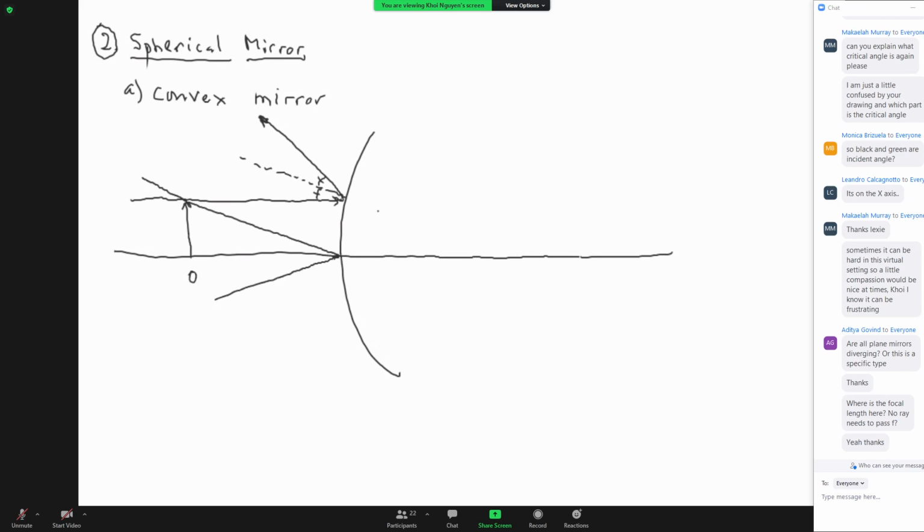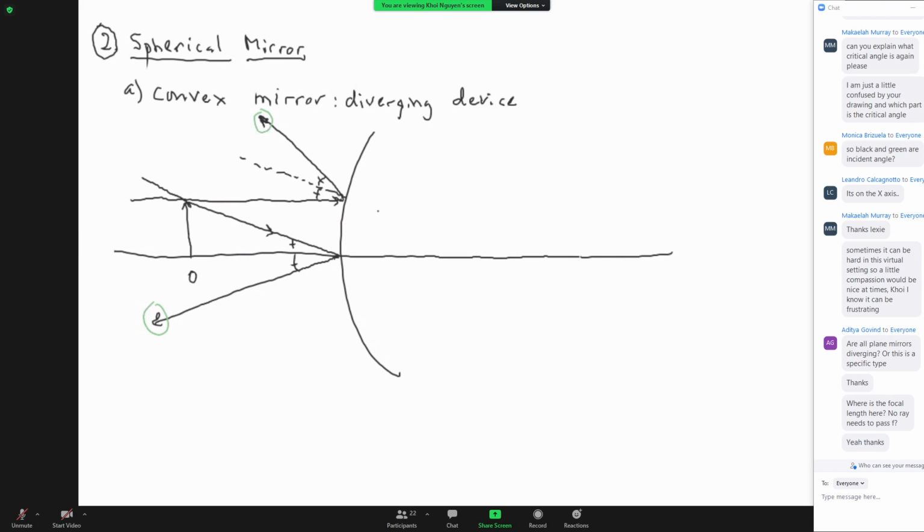It is still going to follow the law of reflection. This is going to be equal. You notice that this ray and this ray are moving away from each other. So the convex mirror is a diverging device. Okay.